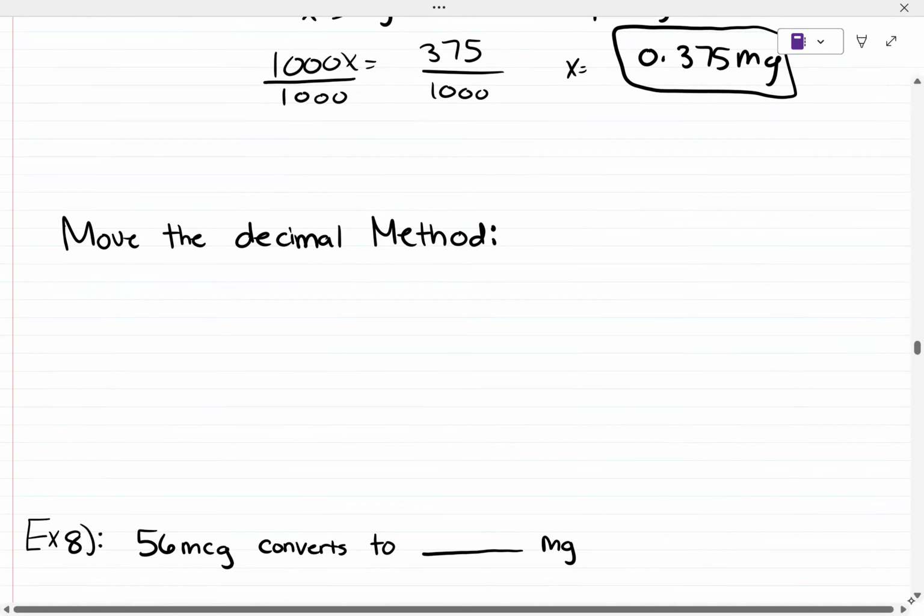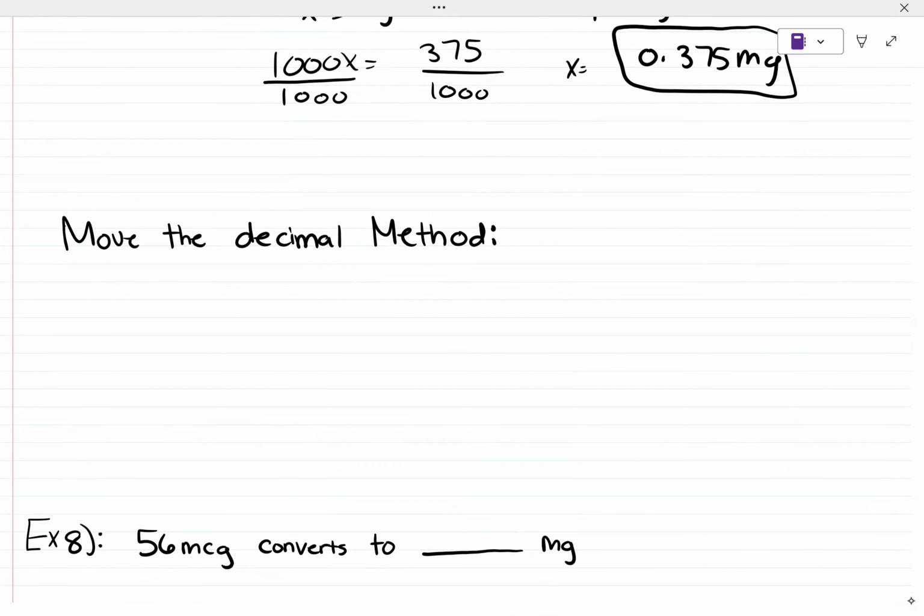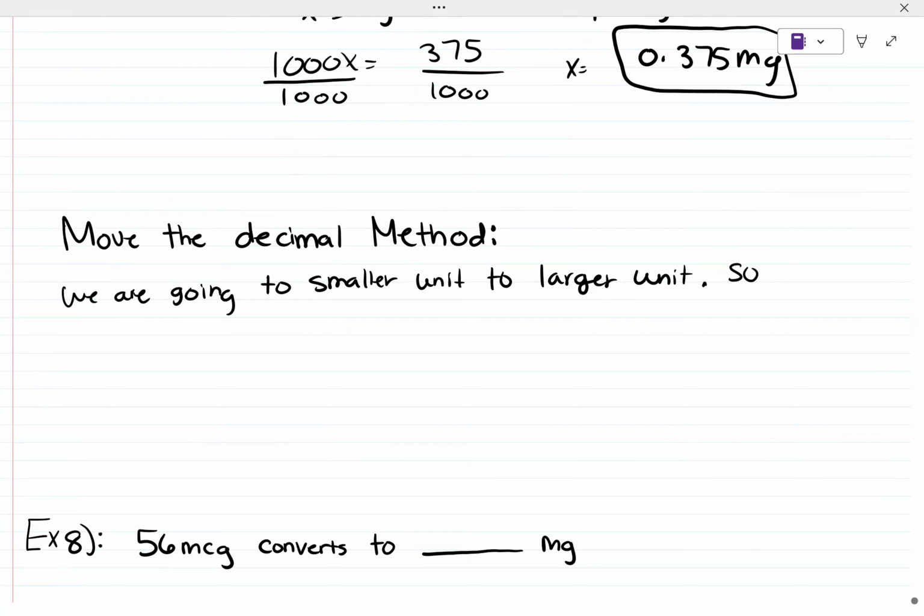Okay, move the decimal place method. So what we were given, we were given mcg to mg. mcg is pretty small and milligrams is larger. So we are going to a larger unit.